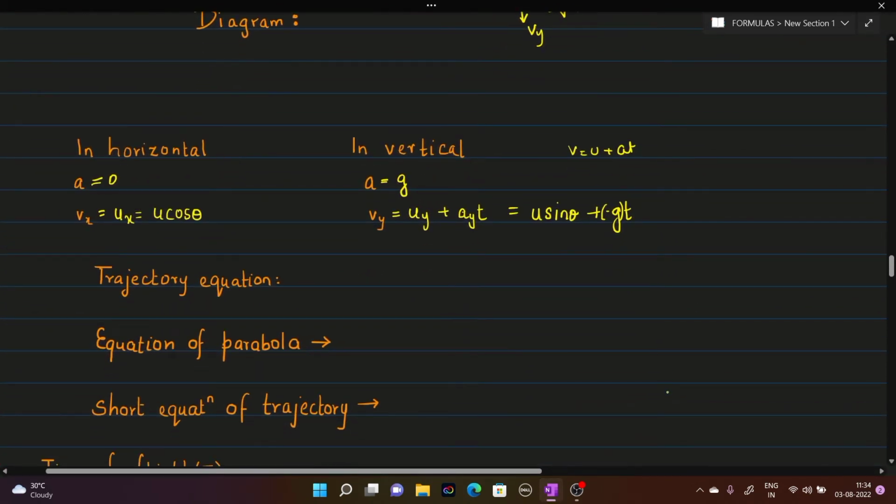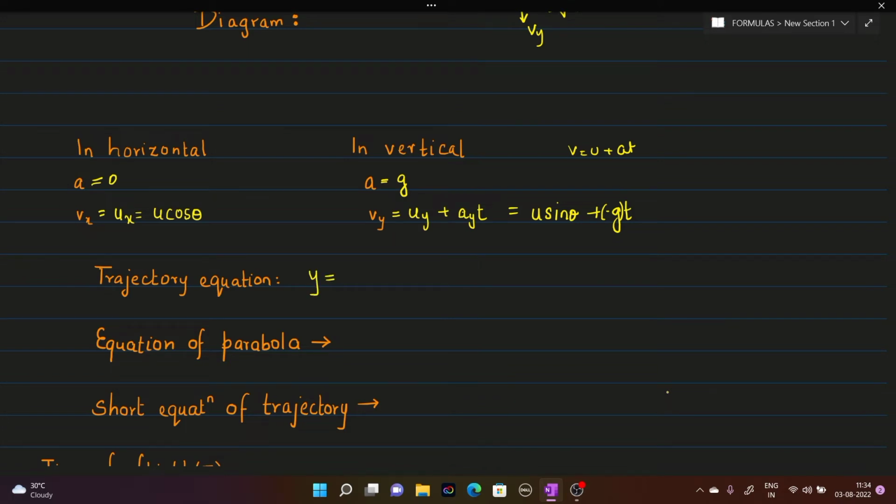After that there is the trajectory equation, which is one equation for solving a lot of questions. Here the formula needs to be remembered. y is equivalent to x tan theta minus g x square divided by 2u square cos square theta.